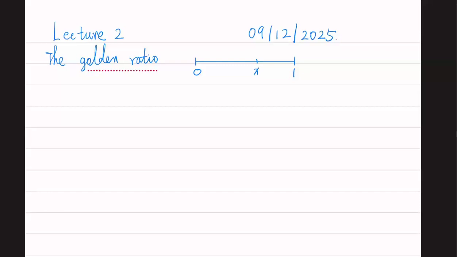The first one is the total length over this piece. The second one is this piece over the second one. We want to check where we can make the cut such that these two ratios are the same.